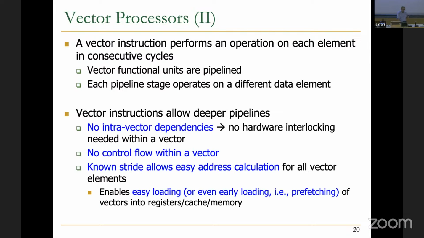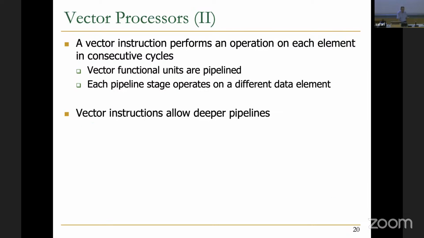The good thing about vector instructions is that they allow deeper pipelines, and the main reason is that you don't have much data dependency between elements, because all these operations operate on different elements of data. So you don't really need to check dependencies across elements.